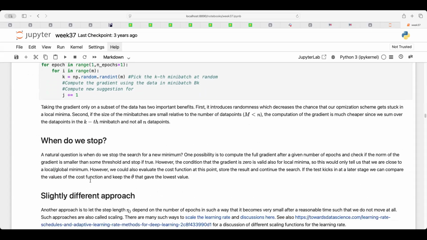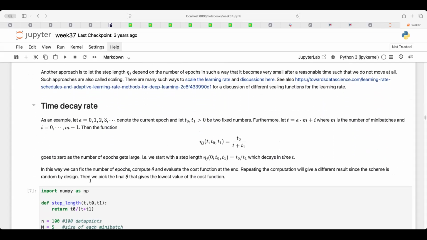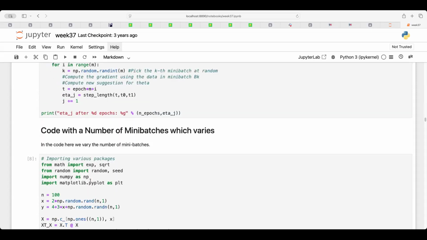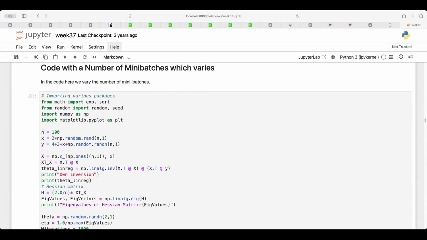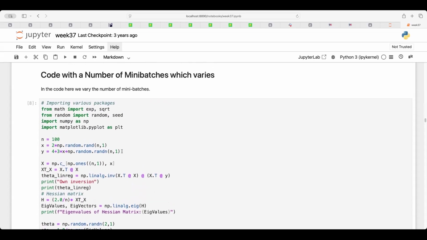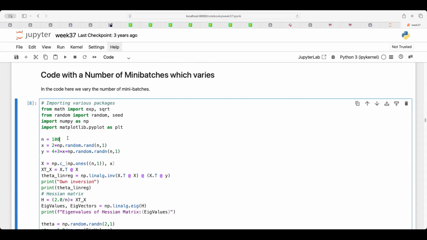I'm going to show you a simple problem here after we've gone through this one. This is an example of a code with a number of mini batches, which can vary. We have the standard equations, which we have seen before for ordinary least squares.